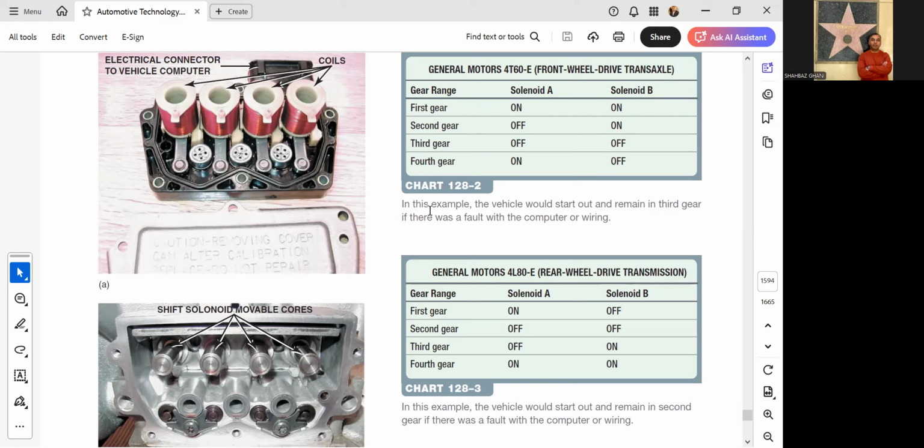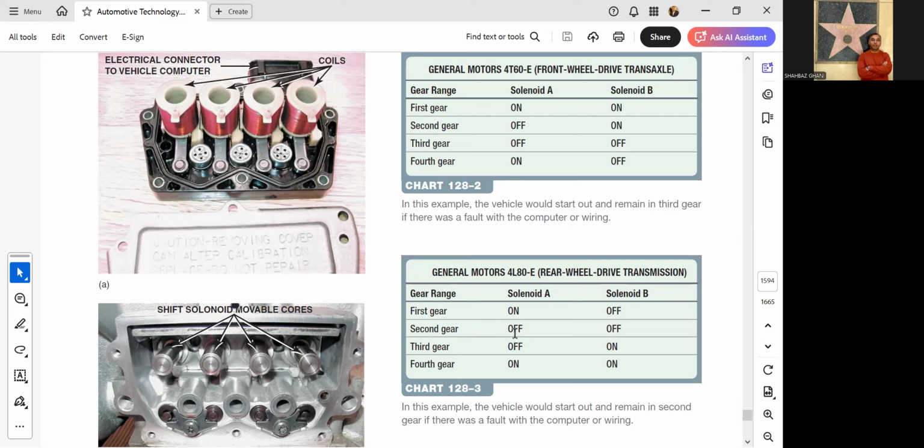Now, according to this chart, the vehicle would start out and remain in third gear if there was a fault with the computer or wiring. In this other case, we have gear ranges first, second, third, and fourth. In first, solenoid A is on, solenoid B is off.